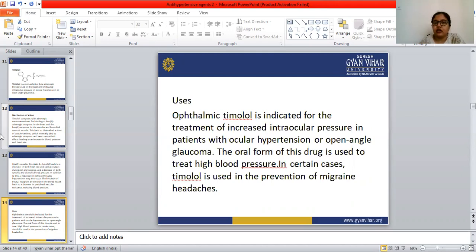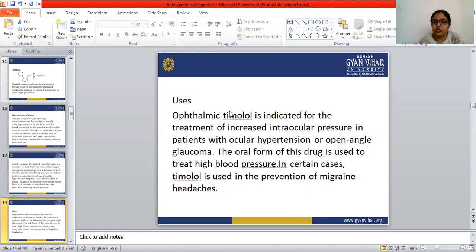So we give this drug to patients who have ocular hypertension or open-angle glaucoma.